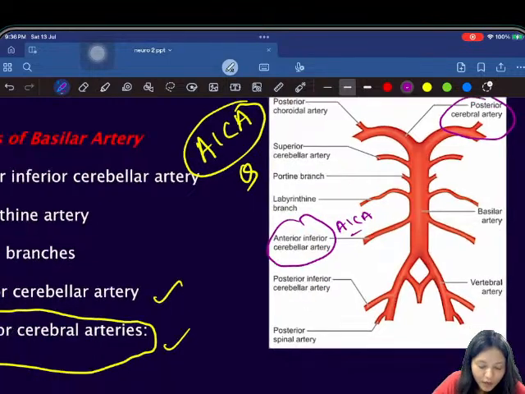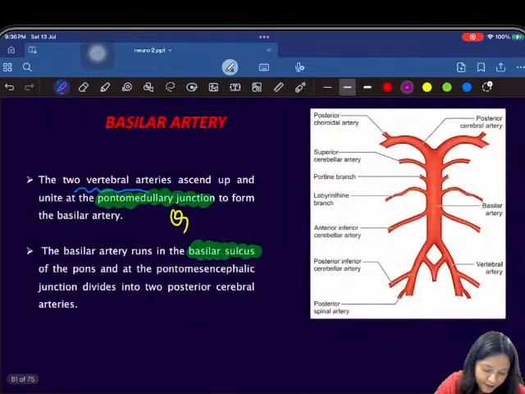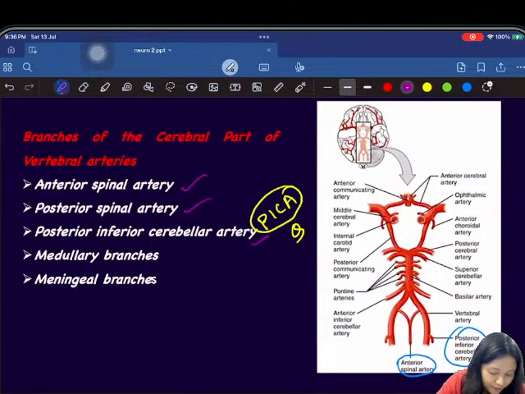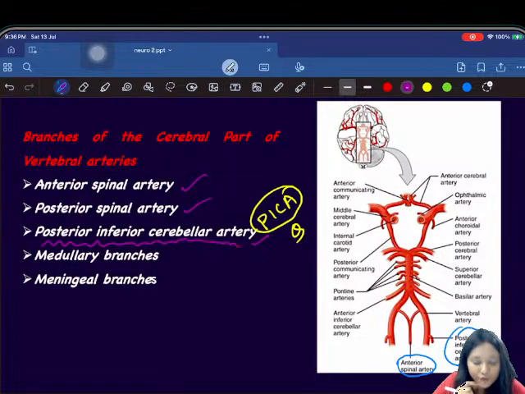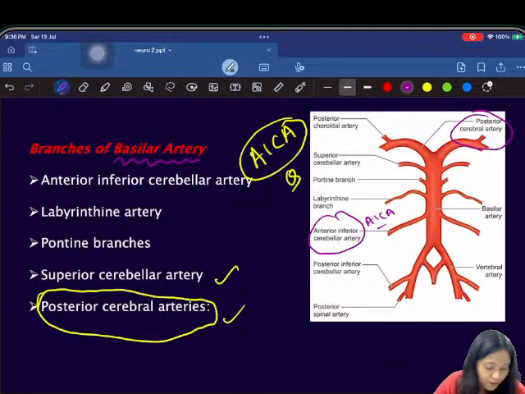So now you know that AICA is a branch of the basilar artery and PICA is a branch of the vertebral artery. If they ask about AICA, it is a branch of your basilar artery, and the basilar artery is formed at the pontomedullary junction.